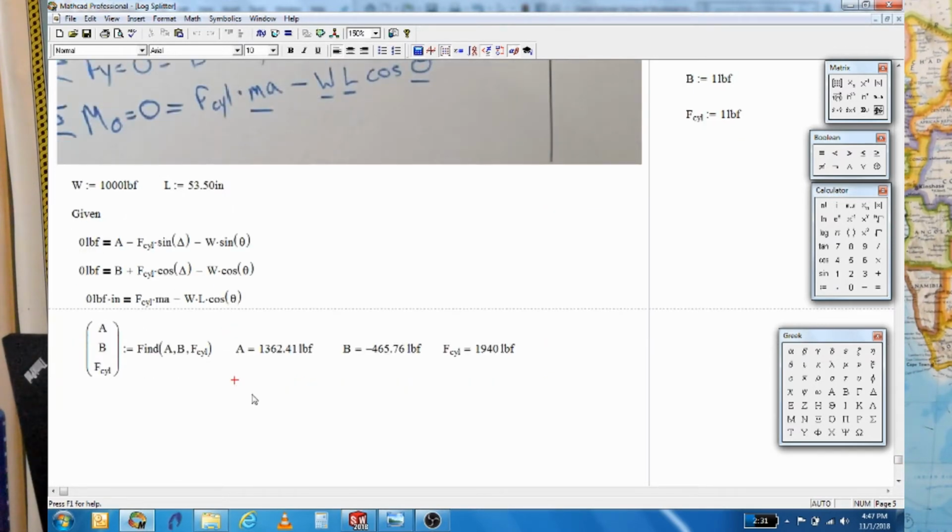So what we're going to do here is calculate the reaction of the pin, and that's simply the square root of the sum of the squares, A squared plus B squared here.